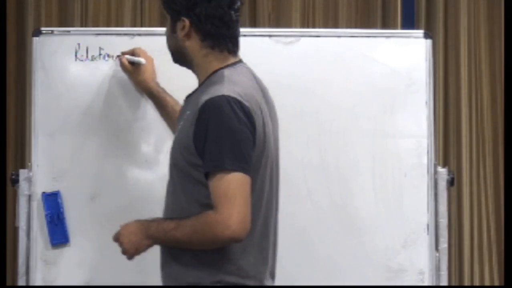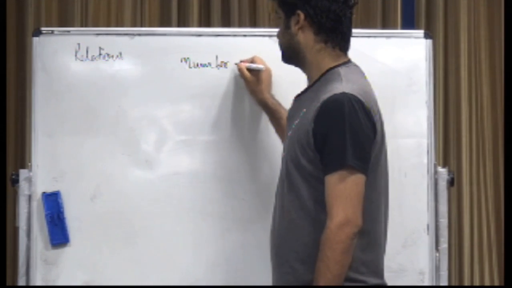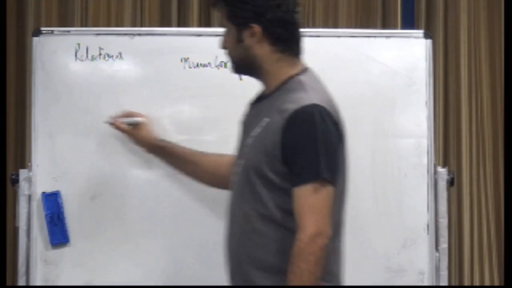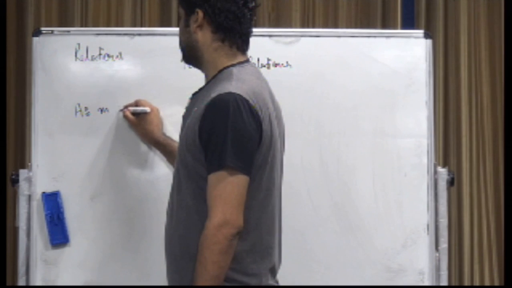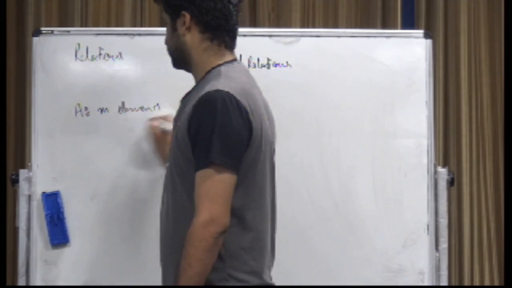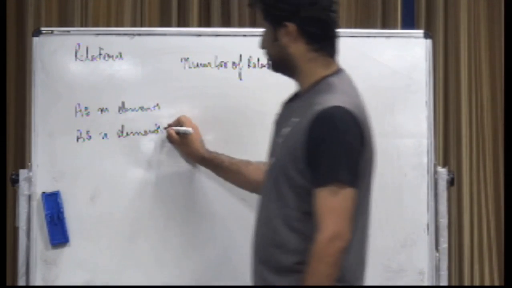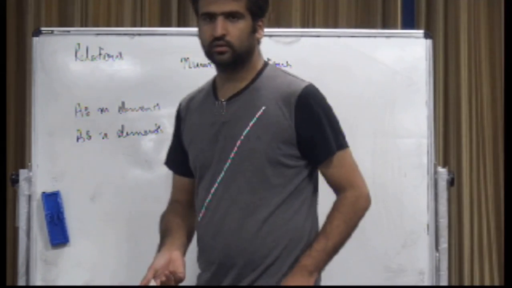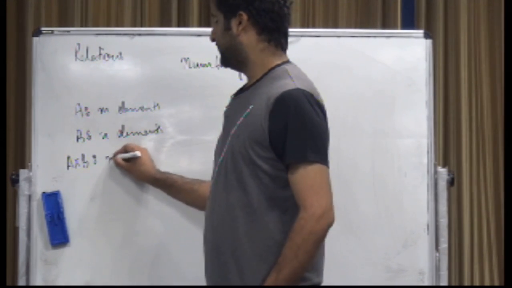That is the number of relations. Right? So for the number of relations, let's suppose first we have a set A with m elements and a set B with n elements. So how many relations are possible? 2 to the power mn. How do we get this one? Because A cross B, the Cartesian product, will have mn elements.